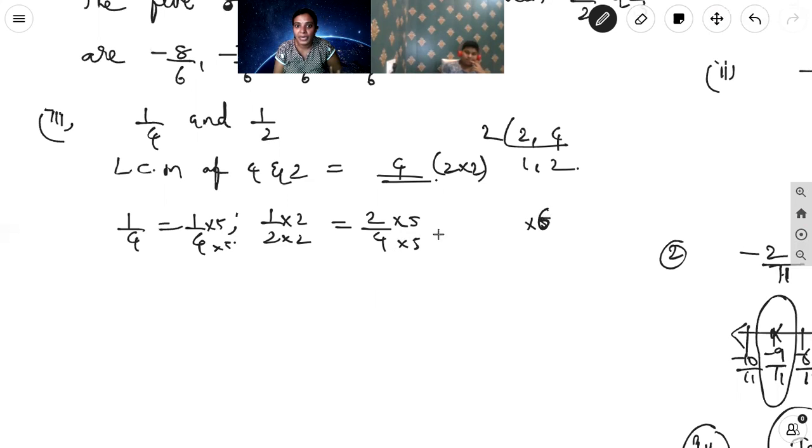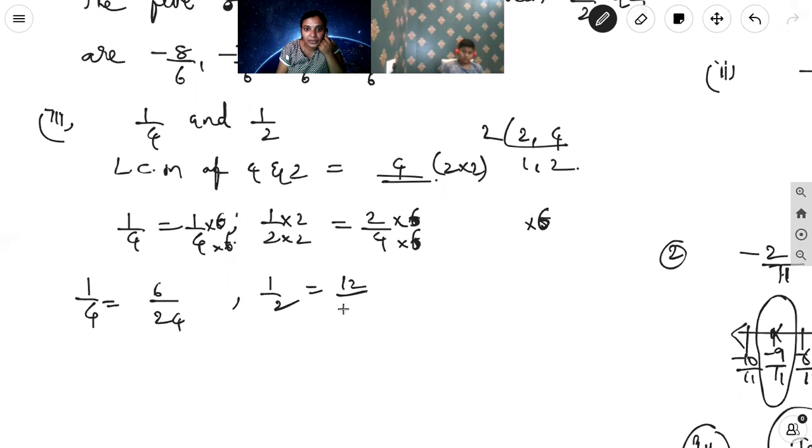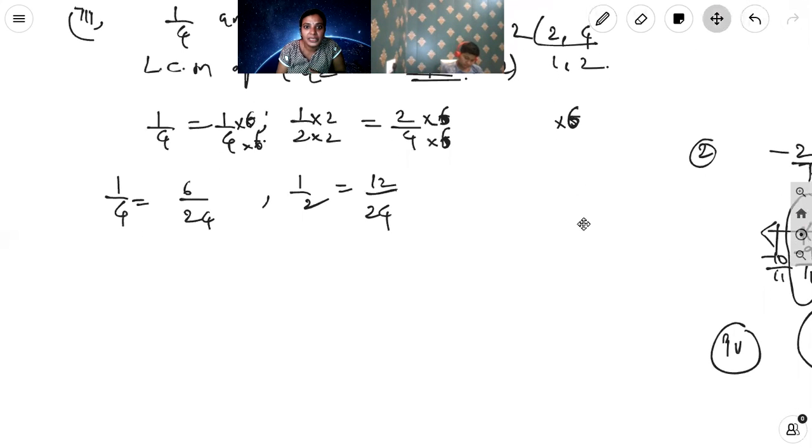So you should multiply with 6 for both numbers. Then 1 by 4 is equal to 6 by 24 and 1 by 2 equal to 12 by 24. Now you are getting 6 numbers, or minimum 5 numbers are there.